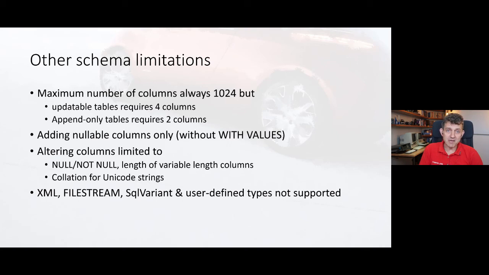You shouldn't use them anyway, we know, and user-defined types in general. And then finally, sparse column sets are not supported. The sparse attribute should be supported. I didn't test it recently, so don't take my word as for sure. Test it out if you're using this functionality, but the sparse column set is not supported.